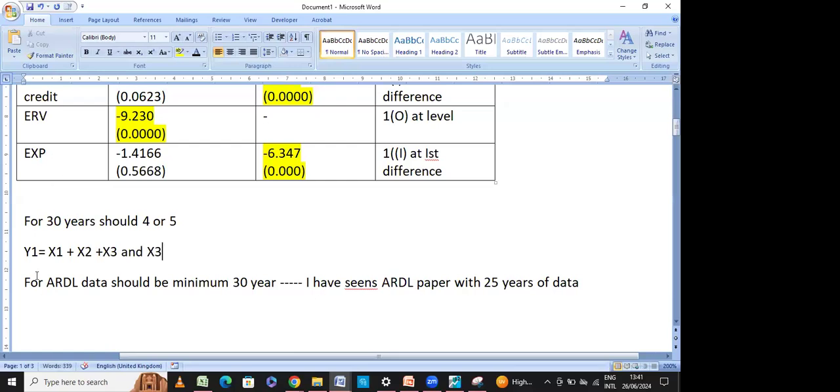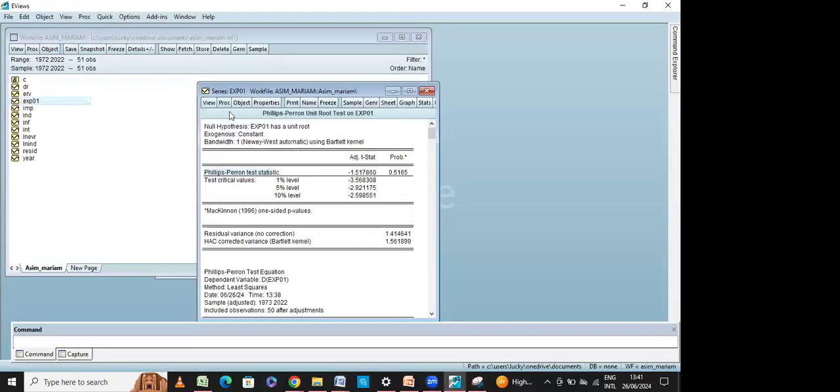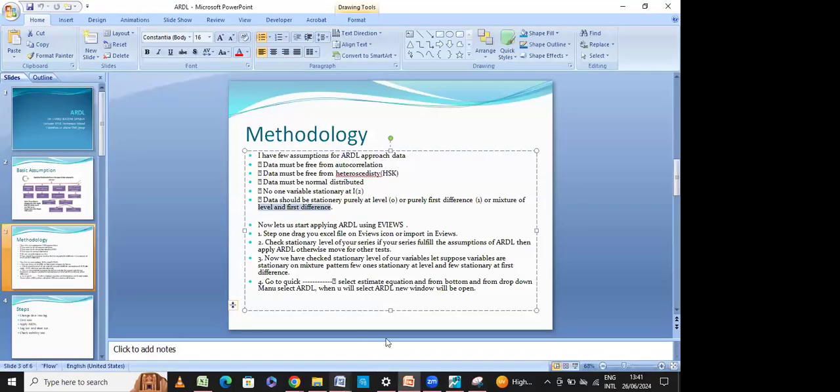For 30 years, that should be the best level. If you are increasing, for example, 52 years, which I have here in my data set, I can even take 6 to 7 variables.